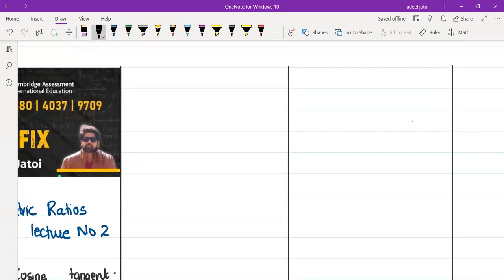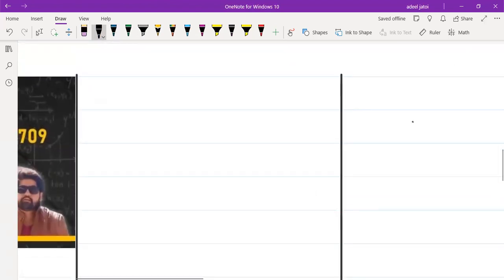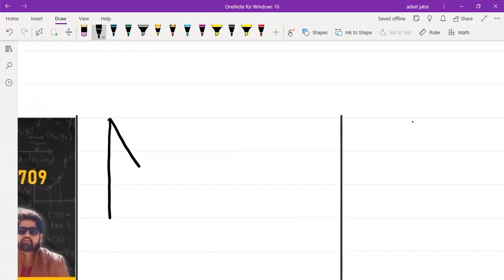Let's just draw the right angle triangle again. This becomes A, B, and C. This is your 90-degree. So as I said, if this is theta, the other will become 90 minus theta.